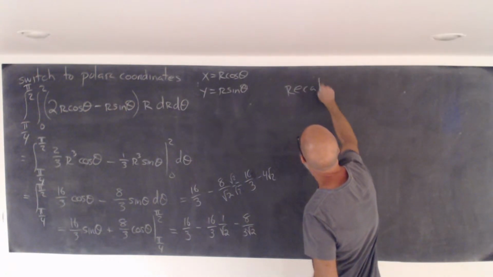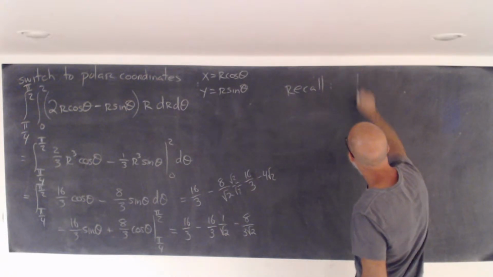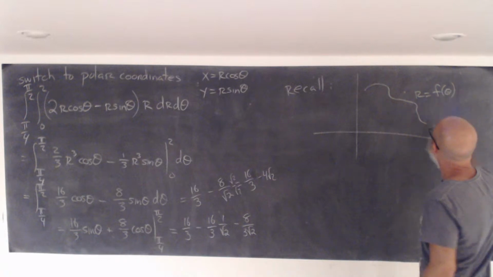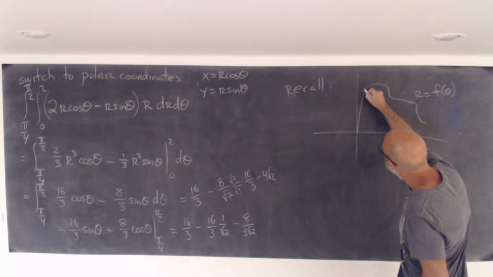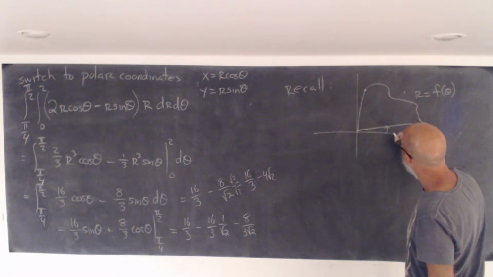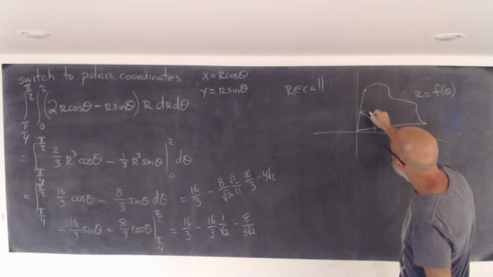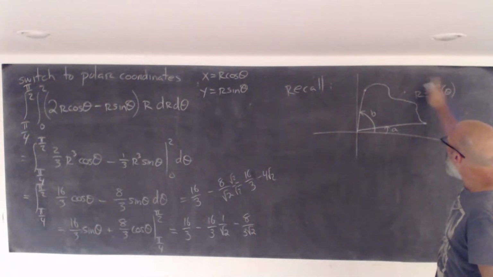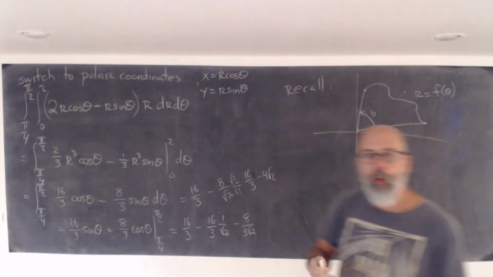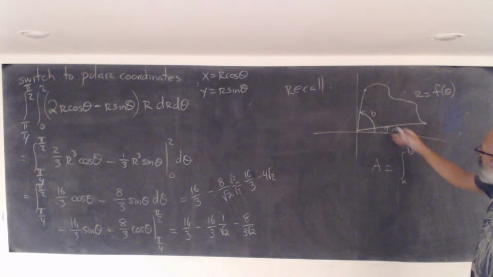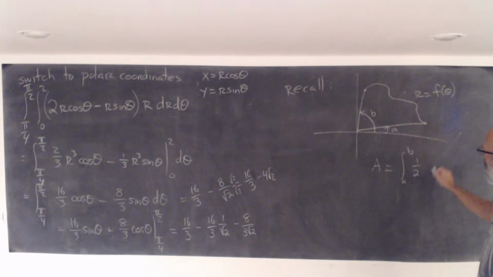Recall, when we developed the whole area in polar coordinates, we saw that the area was the integral from a to b, say, of 1/2 f squared d theta.